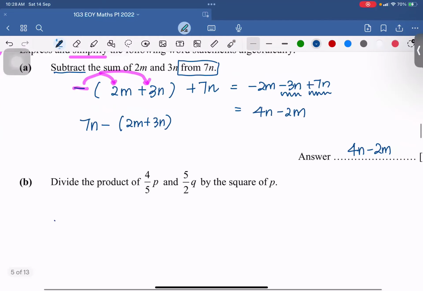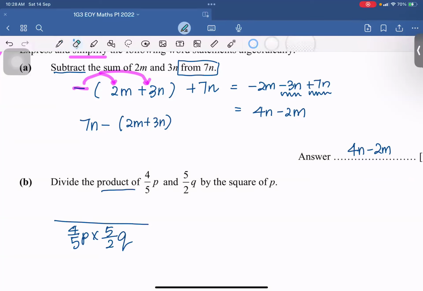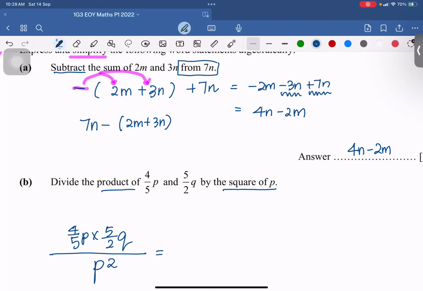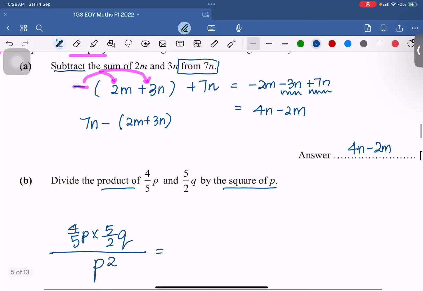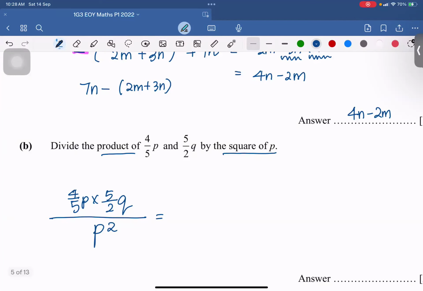Divide the product of 4 over 5p times 5 over 2q by the square of p, so p squared. This is what the question says. Divide this whole thing by the square of p, and at the same time, we need to simplify.